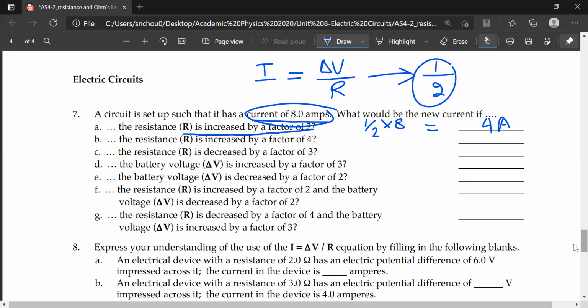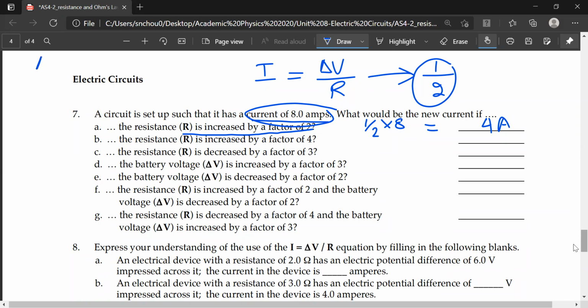Let's try another one, which may not be in this one, so that you get practice. And I'll ask you guys all to maybe send an answer through the chat. Tell me what would happen if the voltage decreased by a factor of 2 and resistance increased by a factor of 2.